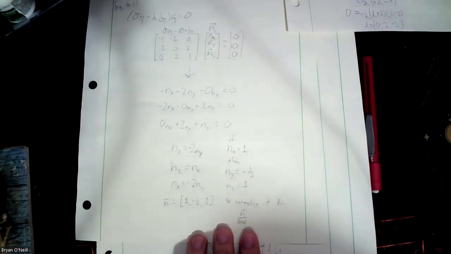I picked up a fancy trick back in chapter 7 after watching the video. We set nx equal to 1. So if nx is 1, then ny must be negative 1 half, and then nz, since nz is equal to nx, must also be 1. Now we get the non-unit eigenvector, but I want to make it a unit vector, so I normalize it.